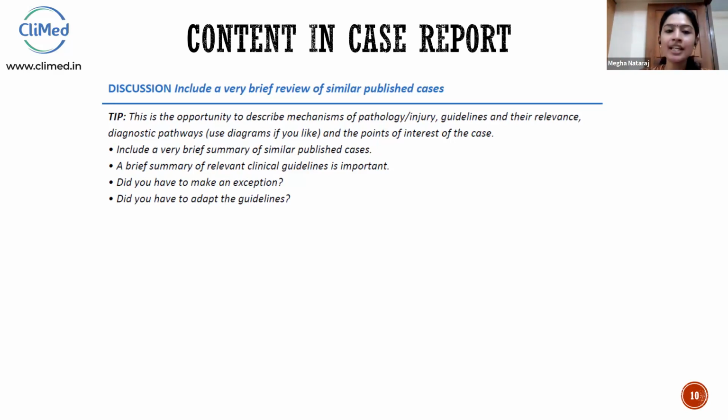So discussion, again, it should be a very brief of whatever has happened in this particular case or condition or treatment. And you can discuss if something similar was done in some other case report or in some other kind of study design, something that you can add on to your existing work. So let's say metformin is the usual medication that is given or considered gold standard.